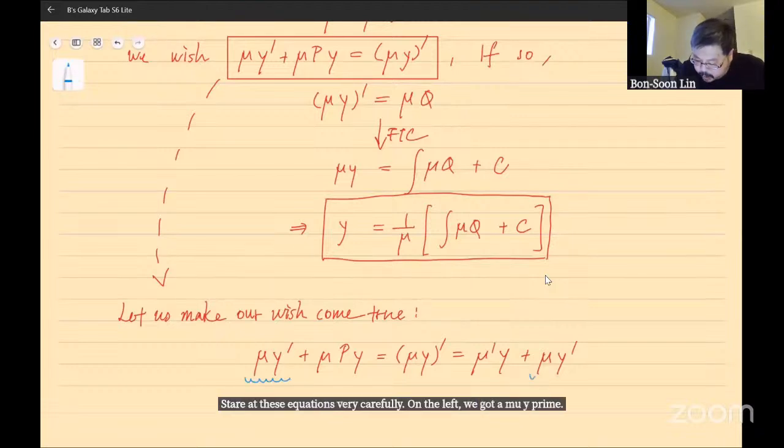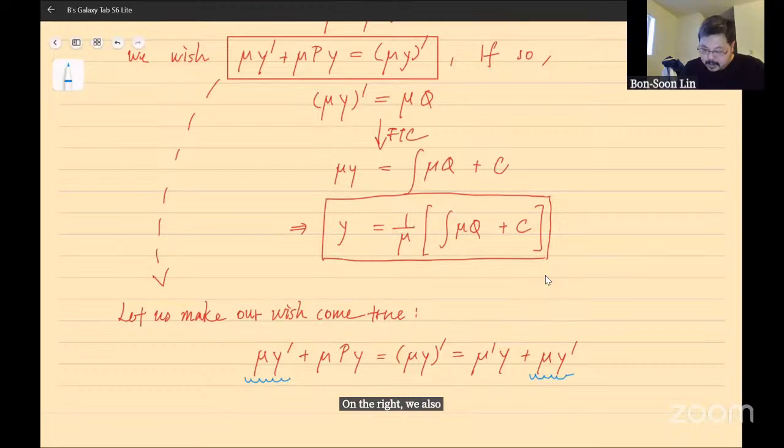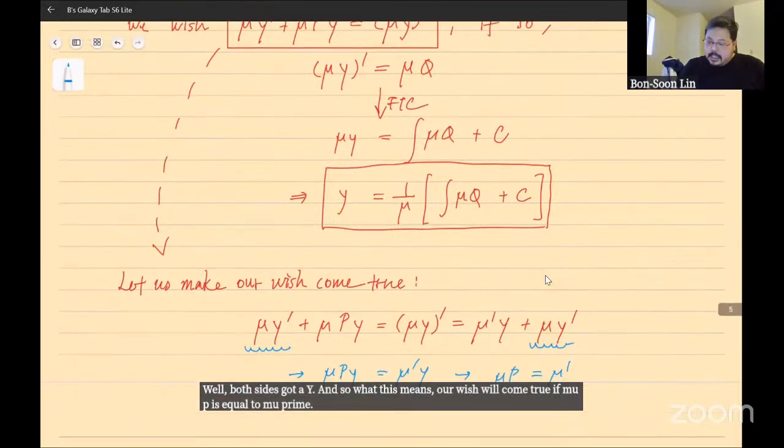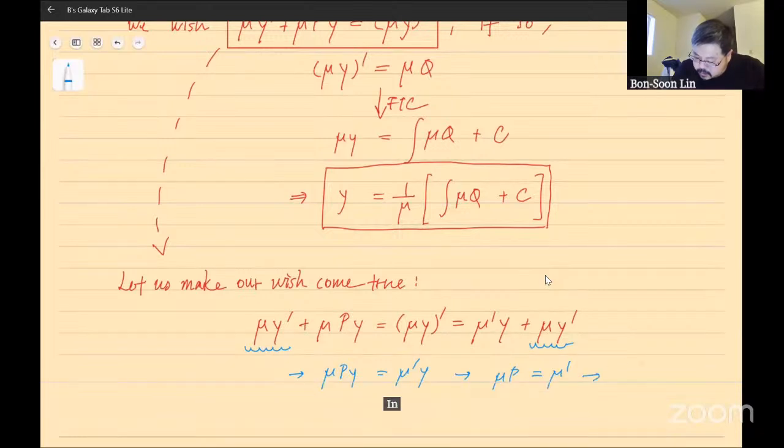On the right, we also got a mu y prime. You see that? So that means we need mu py is equal to mu prime y. Well, both sides got a y, and so what this means, our wish will come true if mu p is equal to mu prime. In other words, we want mu prime over mu is equal to p.